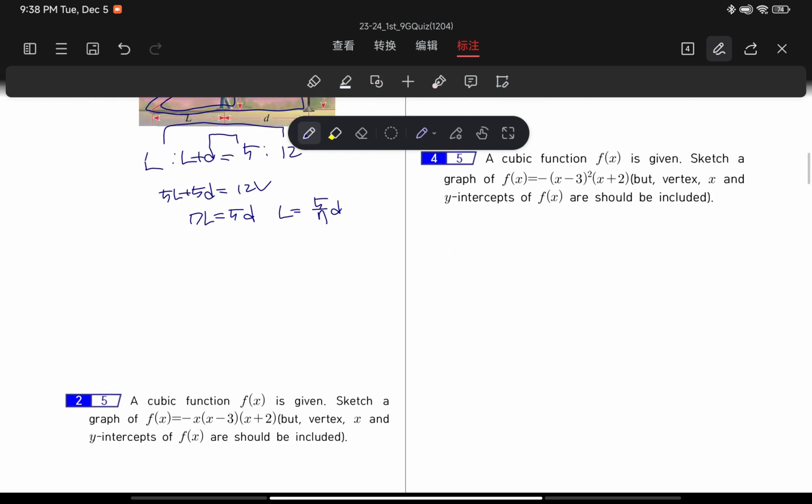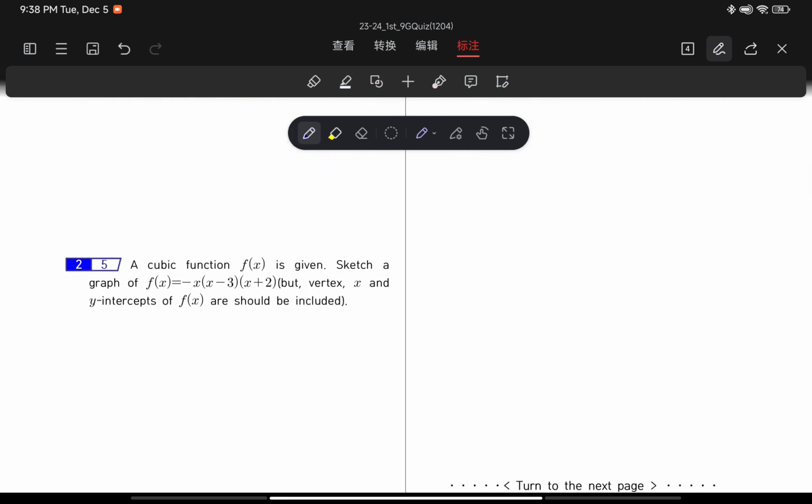Okay. Number two, there's a cubic equation. f(x) is a cubic equation, and the leading coefficient is negative. Here's the x-axis, with minus 2, 0 and 3.